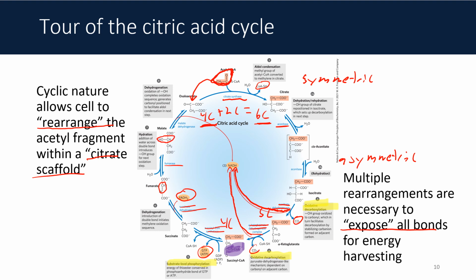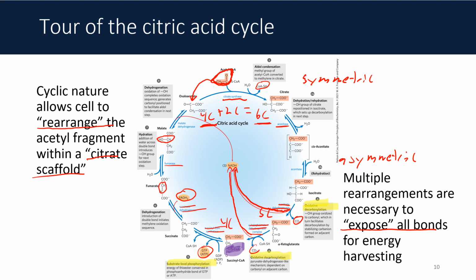And again, everything here has a reason. Why are we just throwing in an alcohol? It's not for fun. The reason is alcohols are much easier to oxidize than alkenes, at least from the perspective of biochemistry.